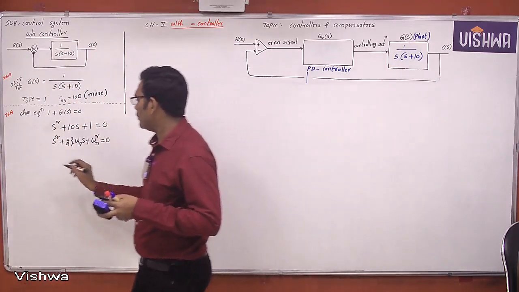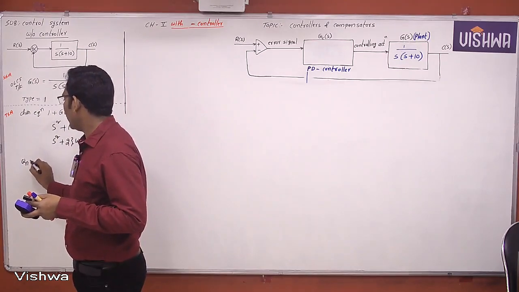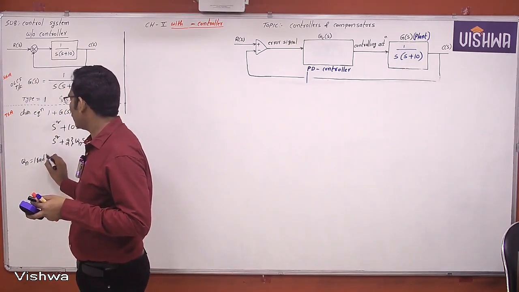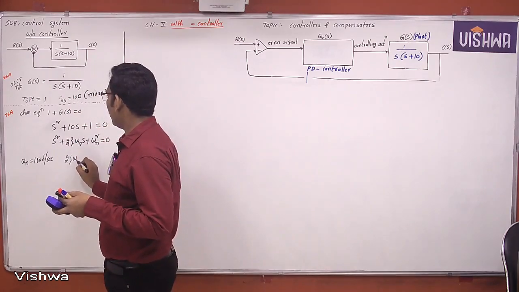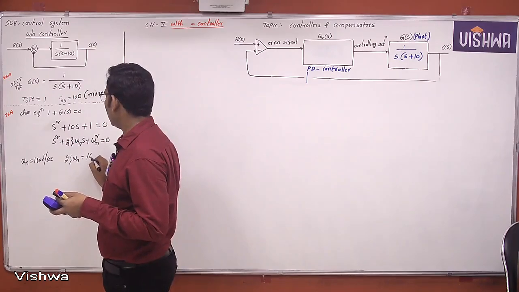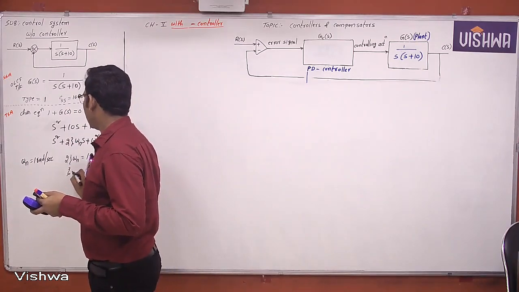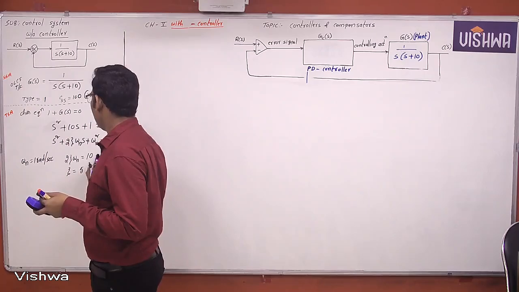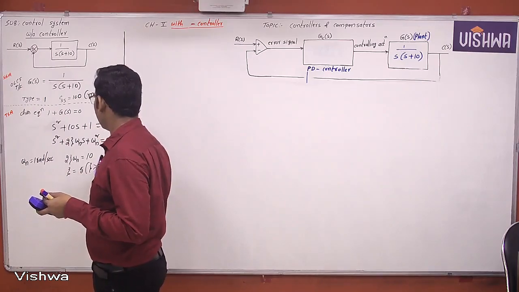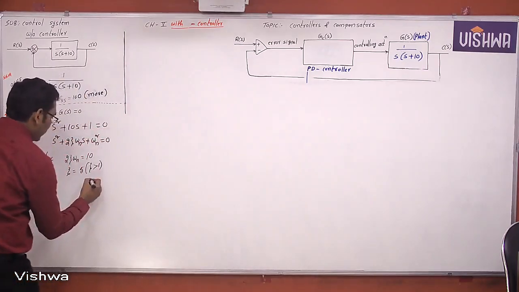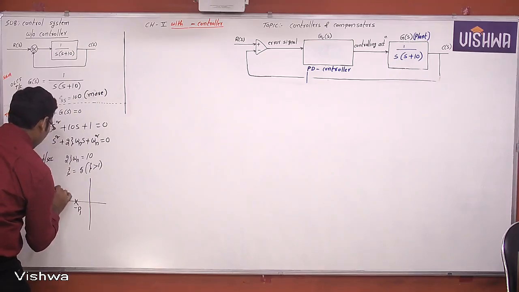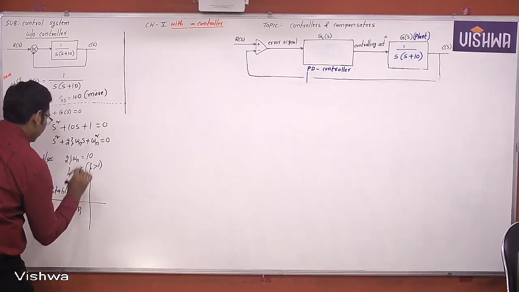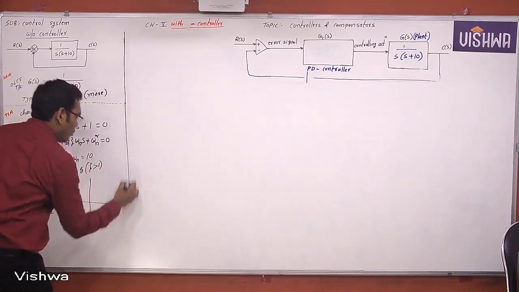So omega n equal to 1 radian per second and 2 zeta omega n equals 10. So zeta equals 5, which is greater than 1. When zeta is greater than 1, it is an overdamped response, poles are not repeated on the negative real axis, and the system is stable. So this is without control.